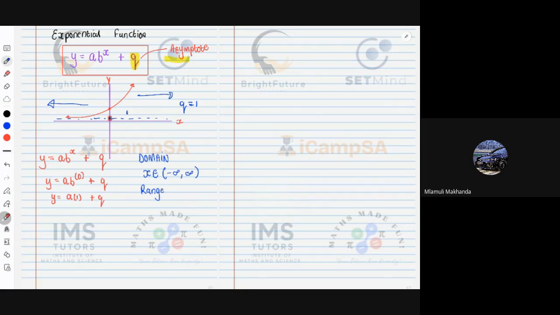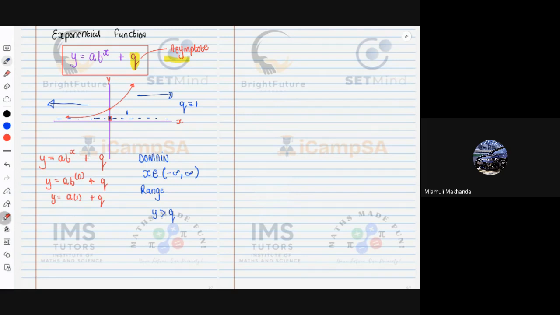But for our range, our graph is above the asymptote. So y is greater than q, or greater than 1. I'll just put y is greater than q.